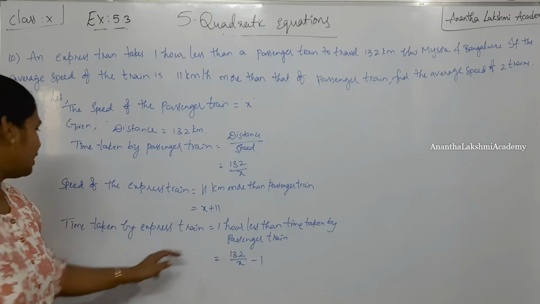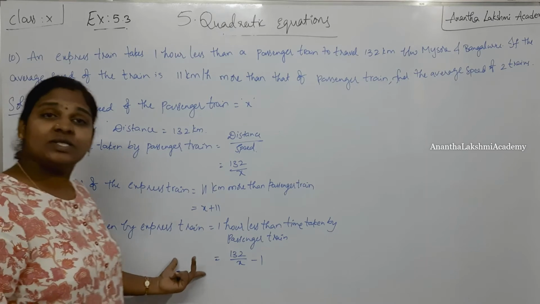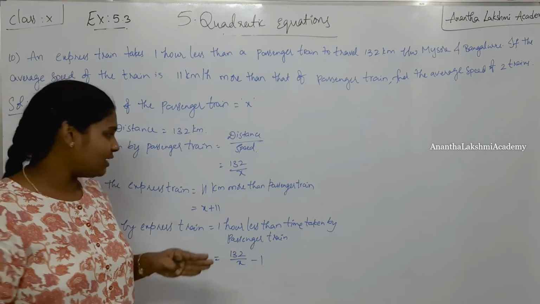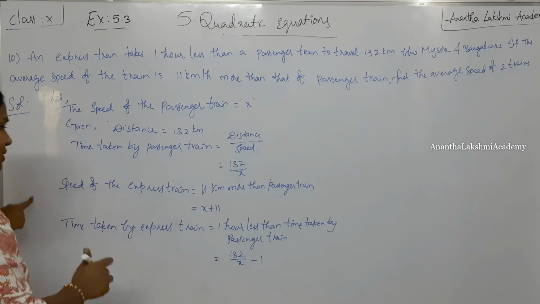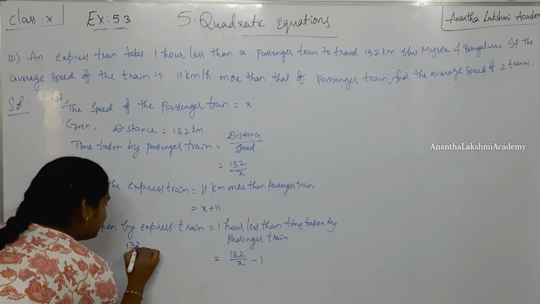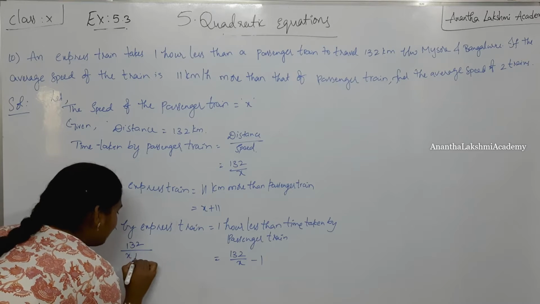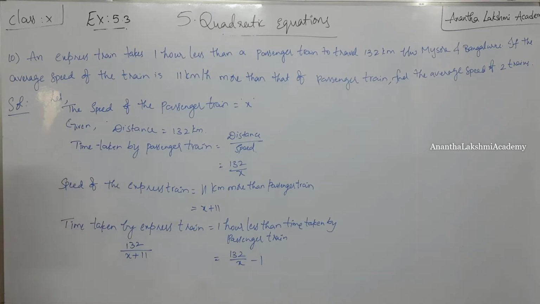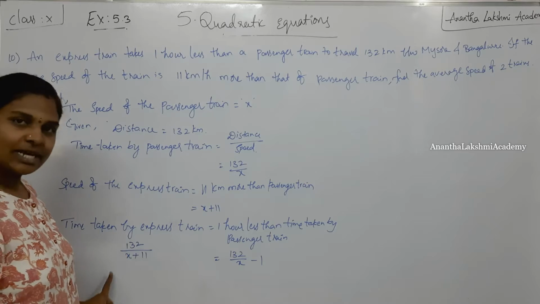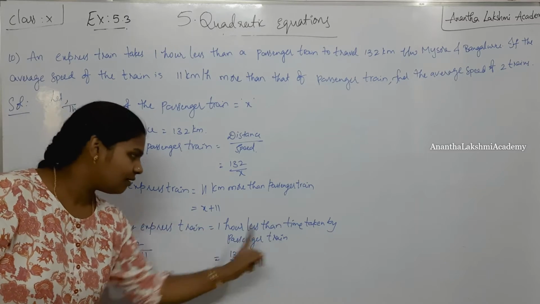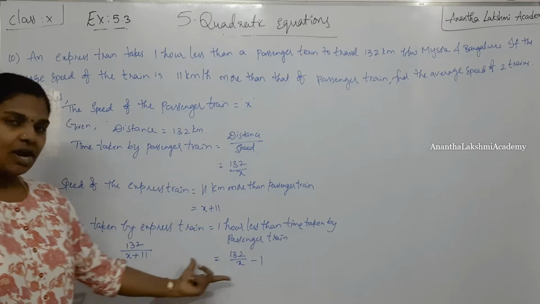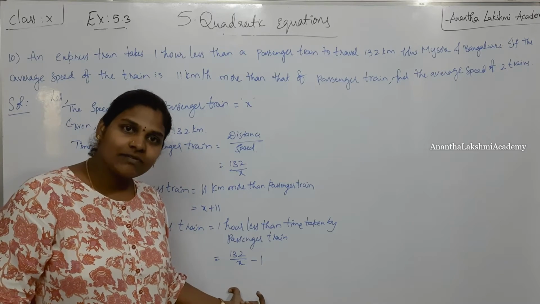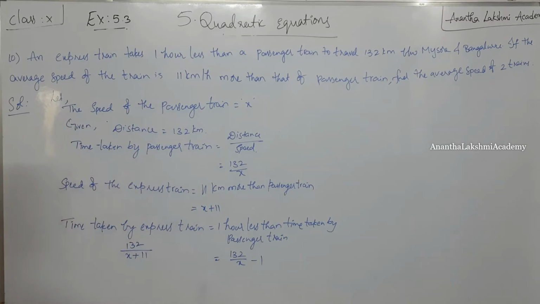That is the time taken. But the time taken by the express train, according to the distance by speed formula, with the same distance for this train but the speed 11 kilometers per hour more, is 132 by x plus 11. But it is given that it is 1 hour less than the time taken by the passenger train. Now, equating these two will give a quadratic equation, isn't it?